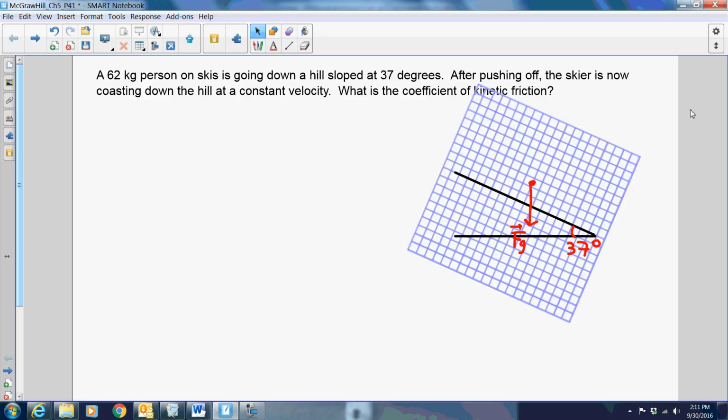So here I'm going to draw the normal force, and I have to draw it so that it cancels with the part of gravity that would want to pull the skier through the snow, so to speak. So I'm going to line up a new y-axis along this black line, and I'm going to make a new x-axis along the hill.